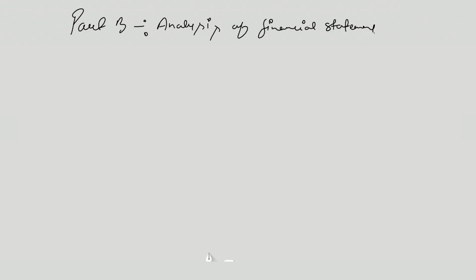So the class 12th syllabus covers Part B, analysis of financial statements. If you talk about the weightage, this part contains 20 marks, and on a percentage basis, this unit contains 25%. Okay.